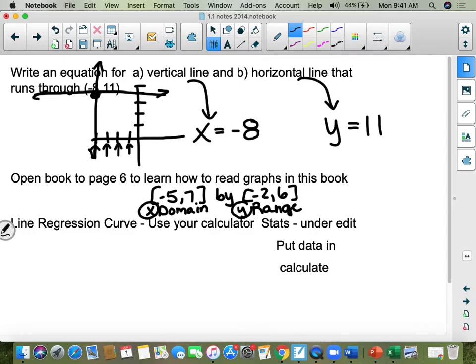I'm trying to find another one for you. Let me see if I can find another one that doesn't count by that.